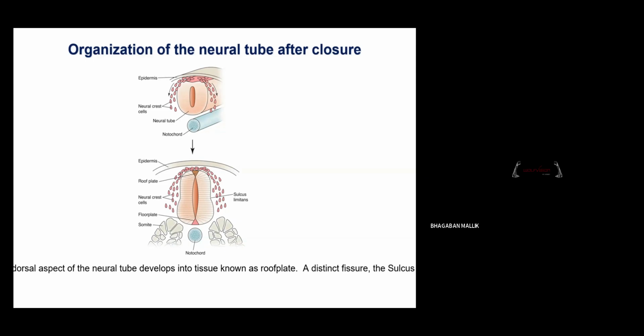These structures are important because they contain distinct signals for the dorso-ventral patterning of the neural tube, which we'll talk about soon.